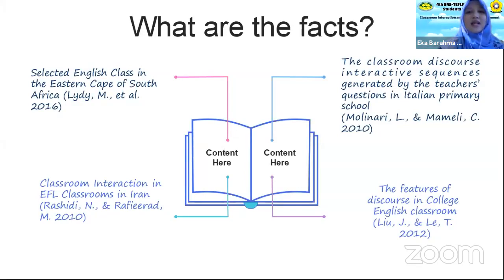Here, the first is from selected English classes in Eastern Cape of South Africa, and the classroom discourse interactive sequences generated by the teacher's questions in Italian primary schools. And also from classroom interaction in an EFL classroom in Iran. And also the future of discourse in college English classrooms.